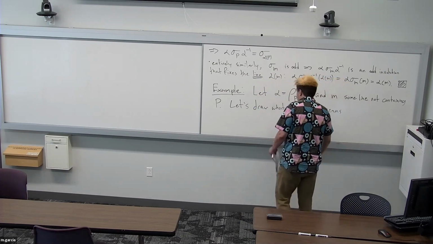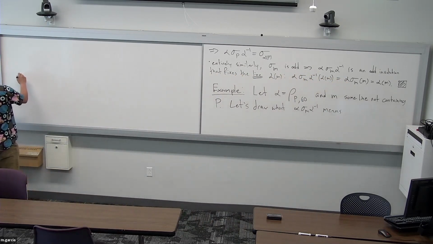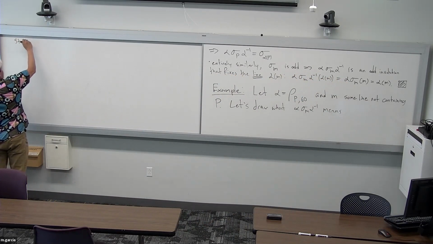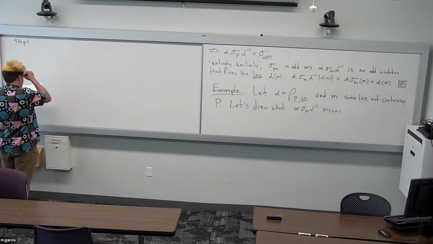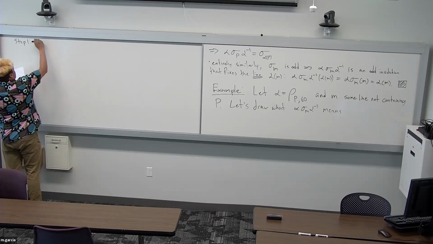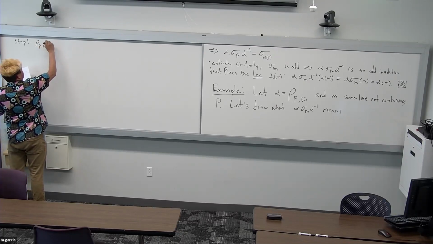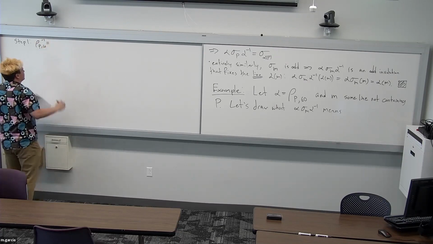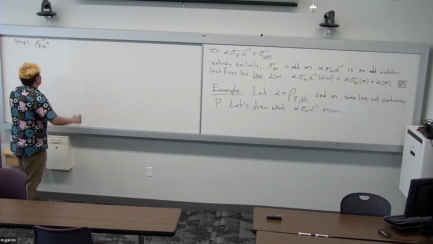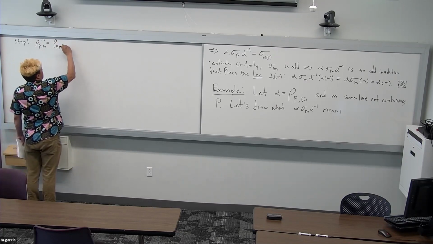Okay, so step one. I guess I'll write it down. Step one. We'll take alpha inverse, which of course is just rho sub p comma 60. What's the inverse of a rotation? Well, we just slap a negative sign on the angle we're rotating by, right? Rho sub p comma negative 60.